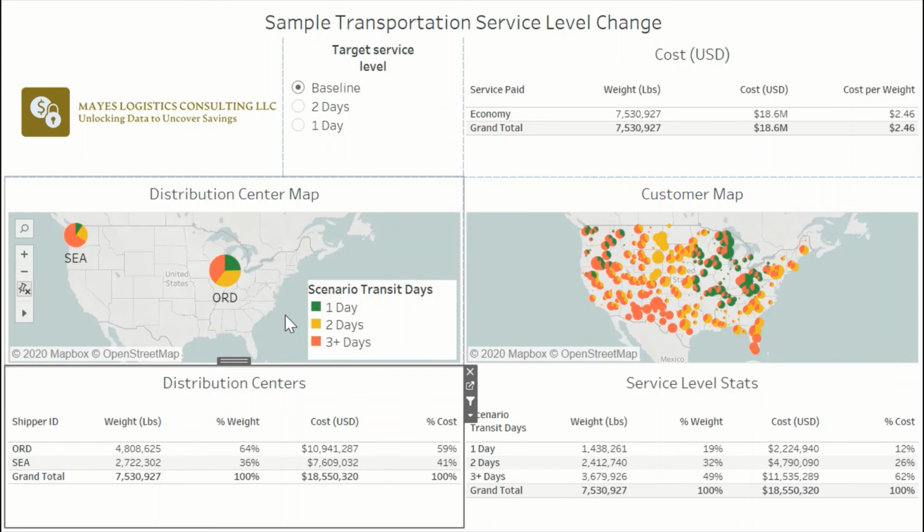So by adding additional facilities or changing the locations of the current facilities, it's possible that you can both increase your delivery service and reduce your total transportation costs by redesigning your distribution network. So, in summary, that's how you can use simulation models to evaluate a hypothetical service level change in your network.